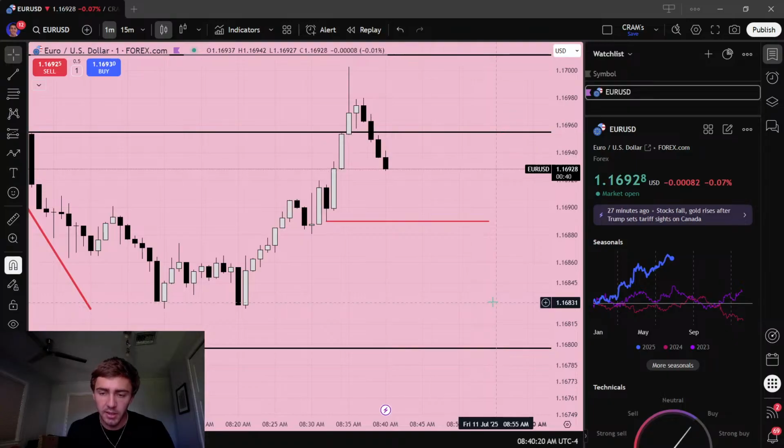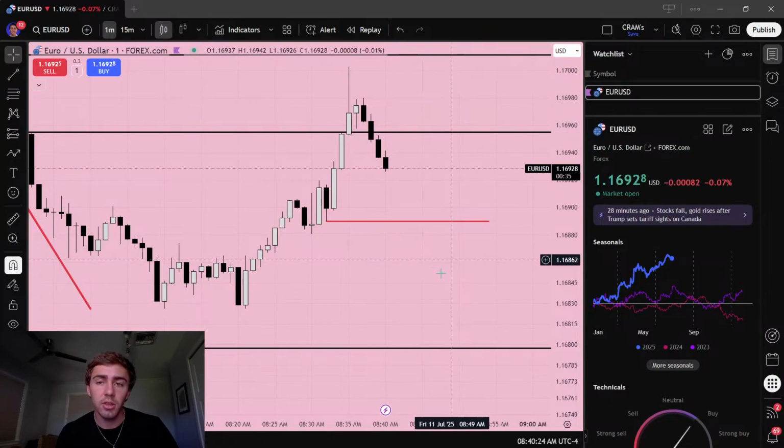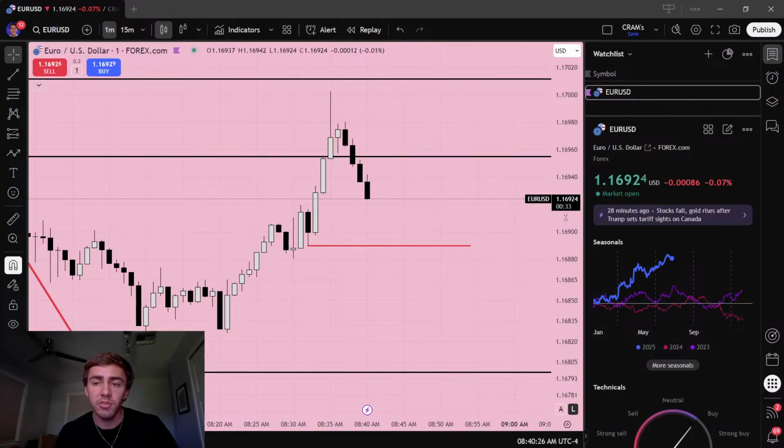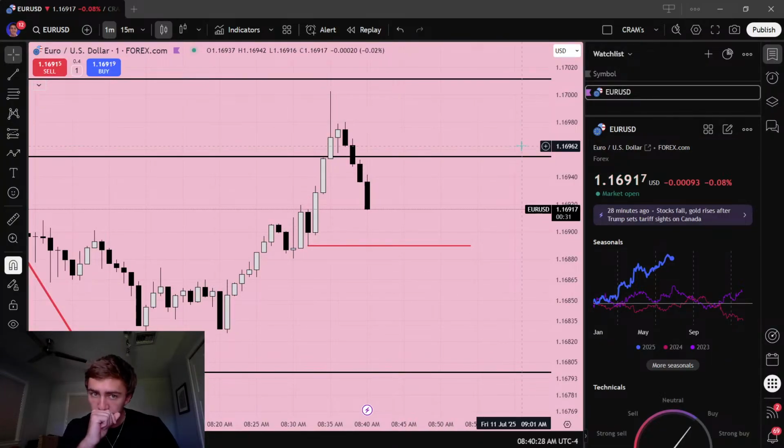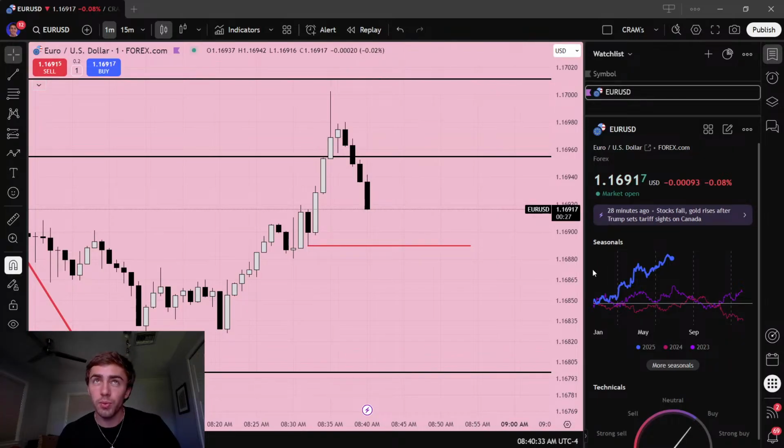But really, trading a model like this where you don't have any bias in it, you could go up or down for the day just based on what price simply does. We don't know what price is going to do at all.